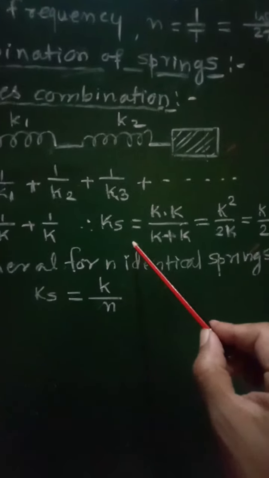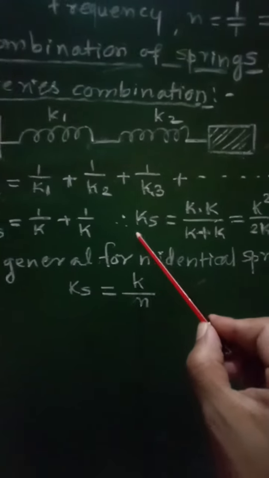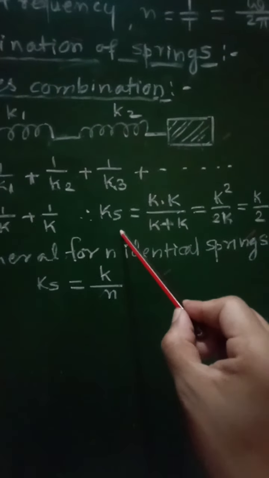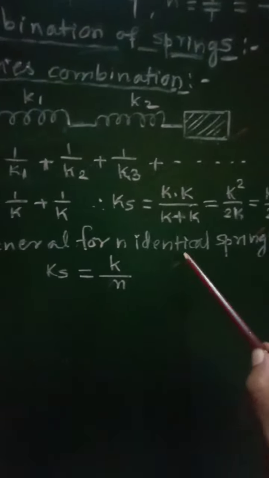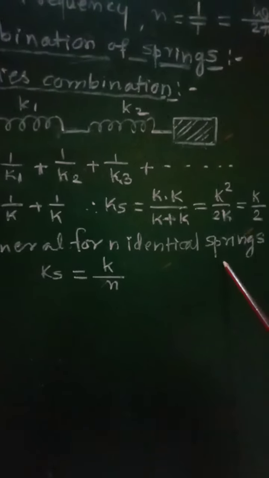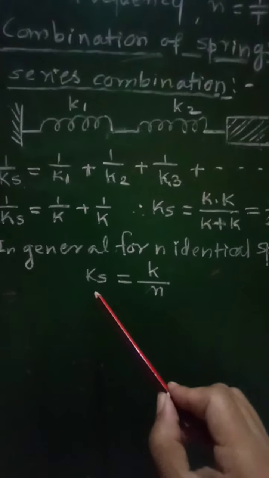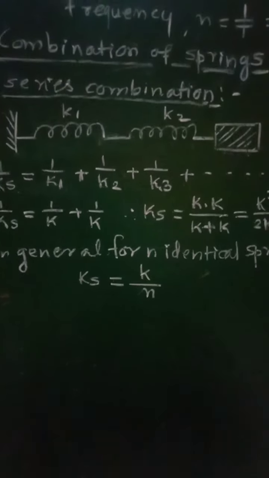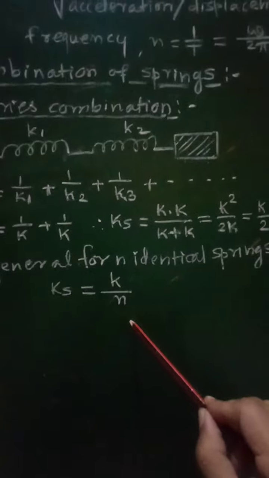So if two identical massless springs are connected in series, their effective force constant Ks is K by 2, and in general if n identical massless springs are connected in series, the effective force constant Ks is K by n.